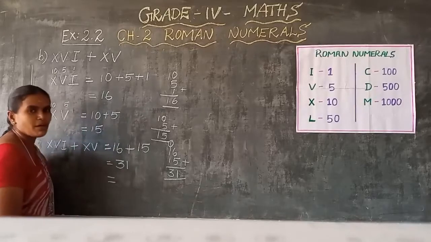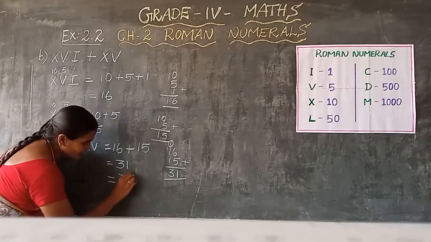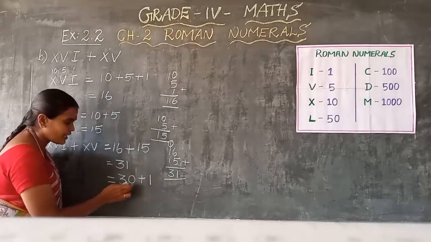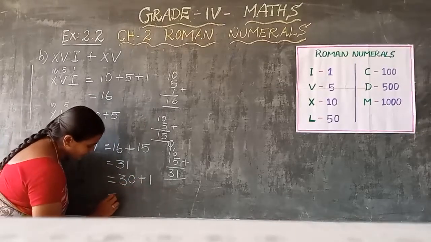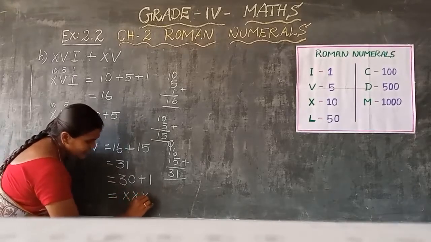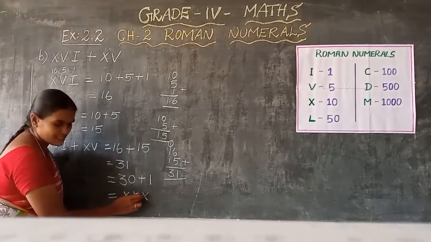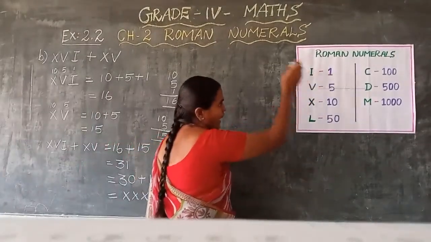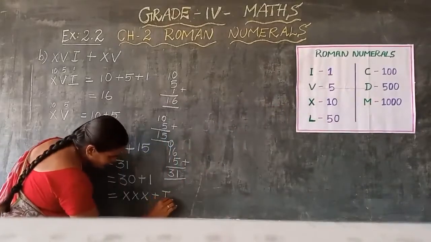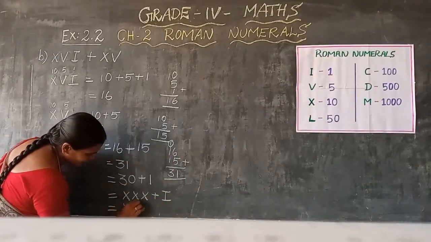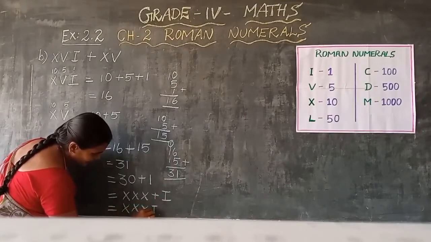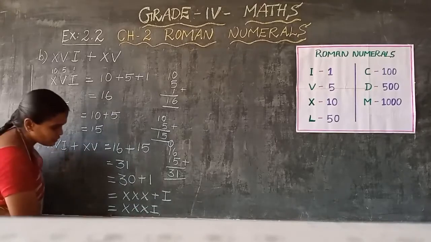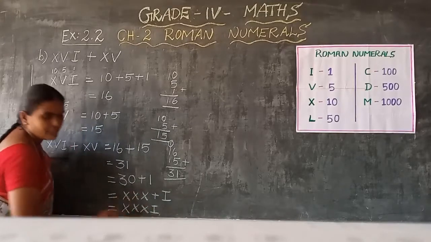What is the expanded form of 31? 30 plus 1. 30 means X three times, plus 1, and 1 means I. So the final answer: XVI plus XV equals XXXI.